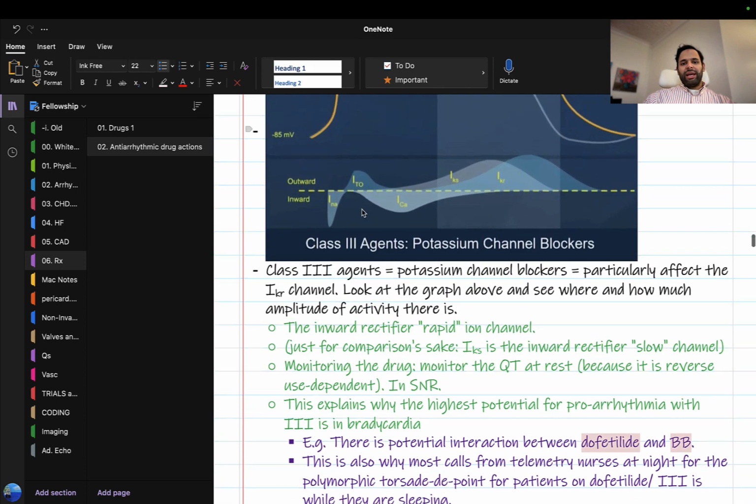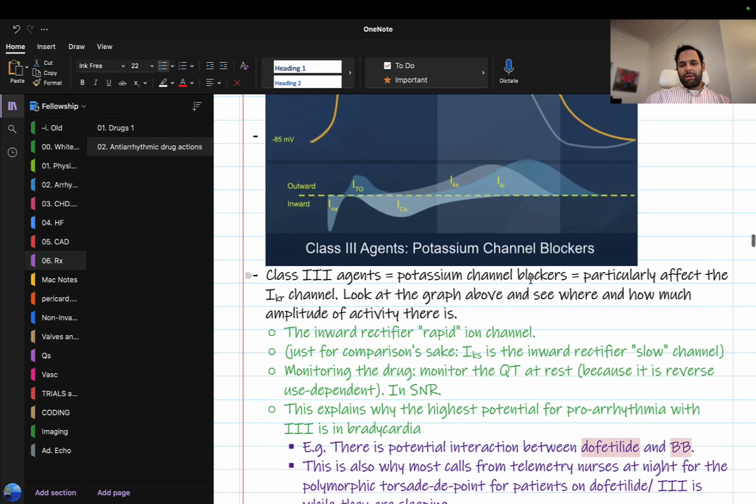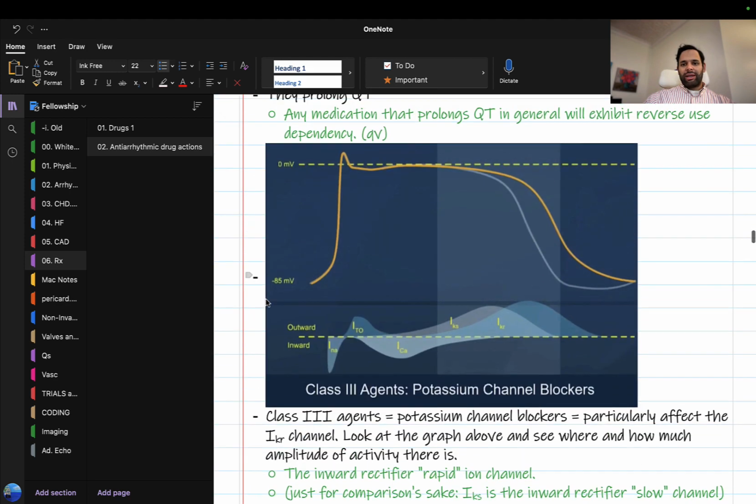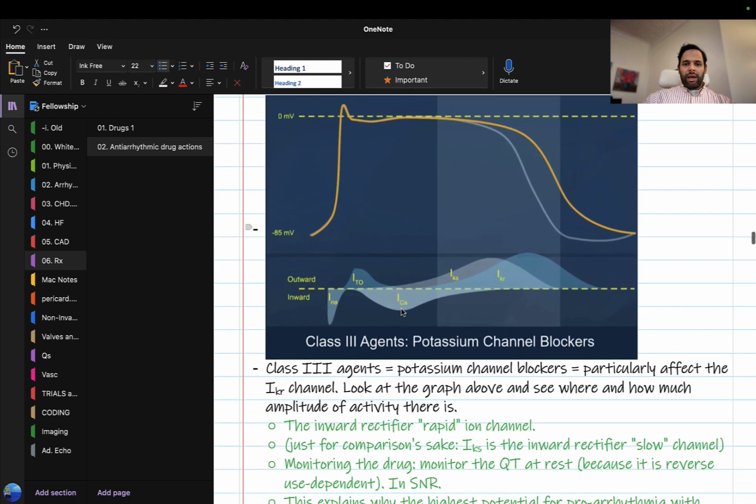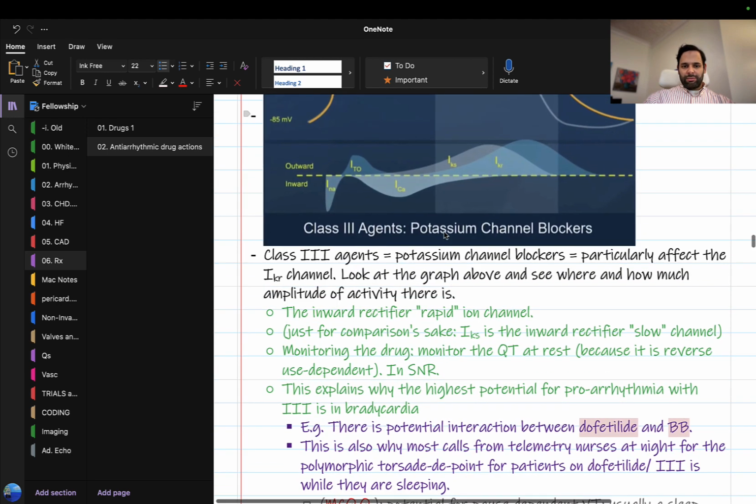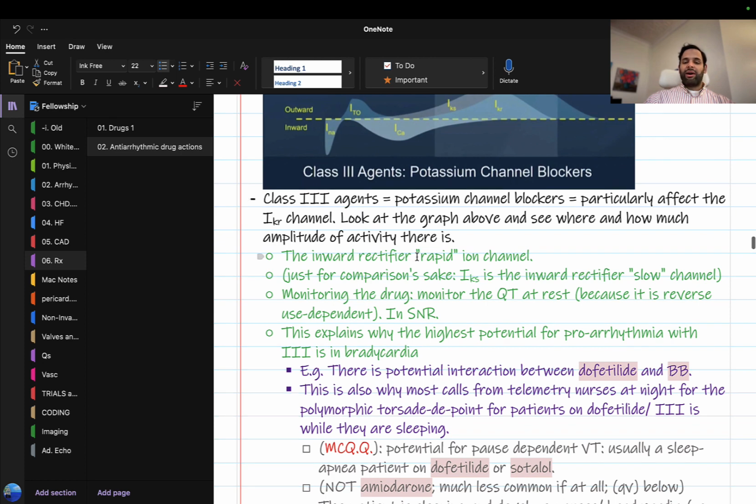Now, class 3 agents are potassium channel blockers, particularly affecting the IKr. The IKr works in this range here, more towards the end of the action potential, the downsloping part, so in phase 3 of the action potential. Look at the graph above to see that. The IKr stands for the rapid rectifier potassium channel.